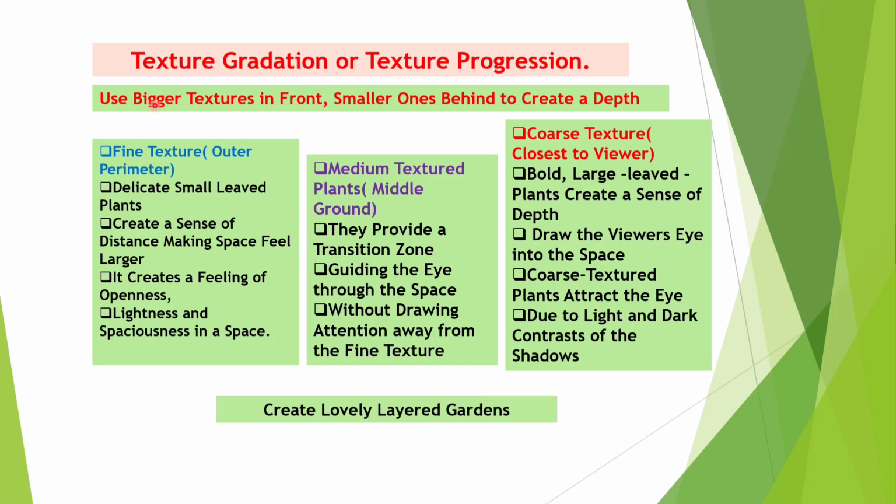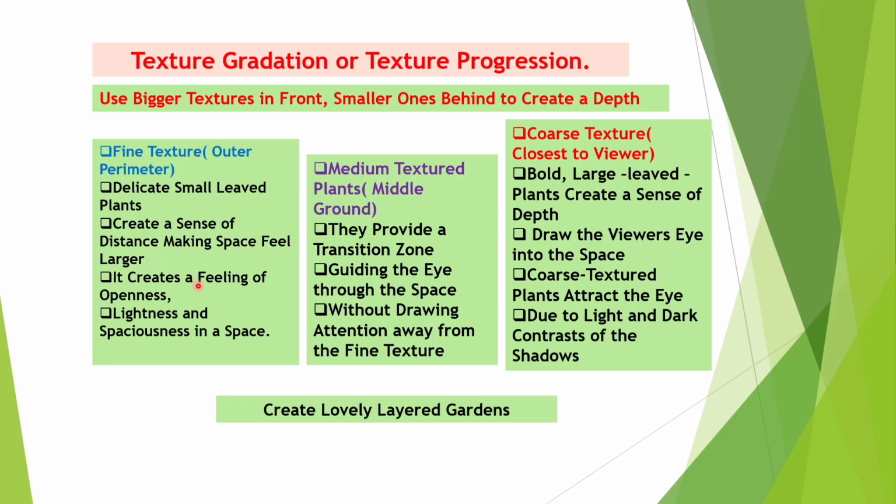You use bigger textures in front, smaller ones behind to create depth. So you have a fine texture in the outer perimeter. Because they have delicate small leaves, they create a sense of distance, making the space feel larger.